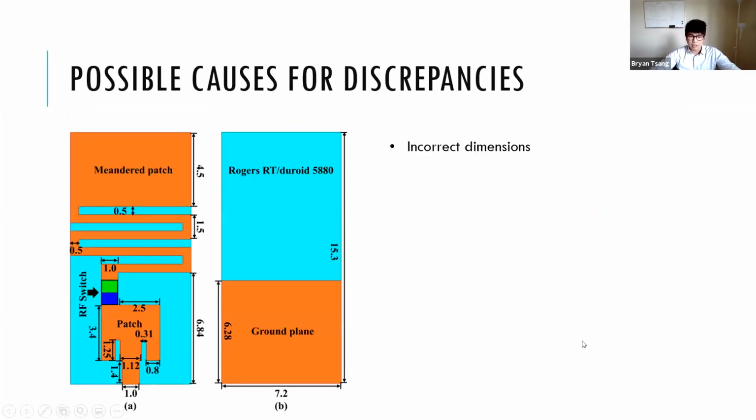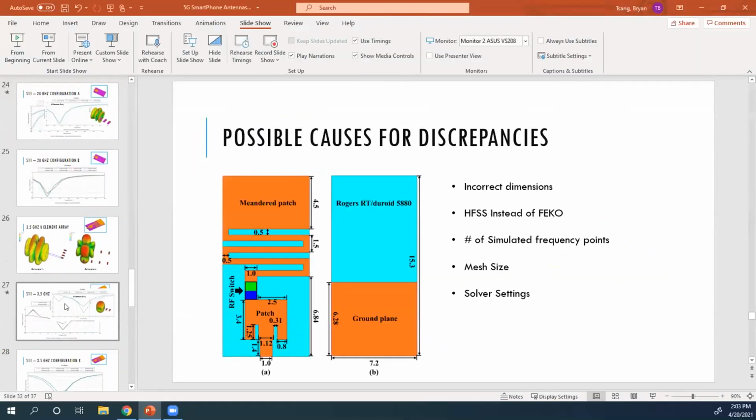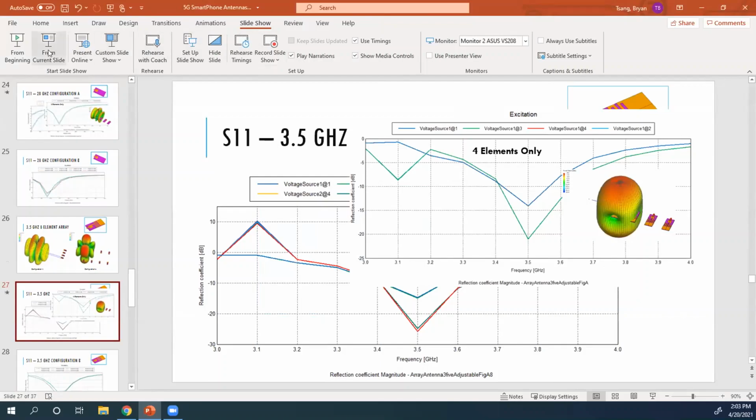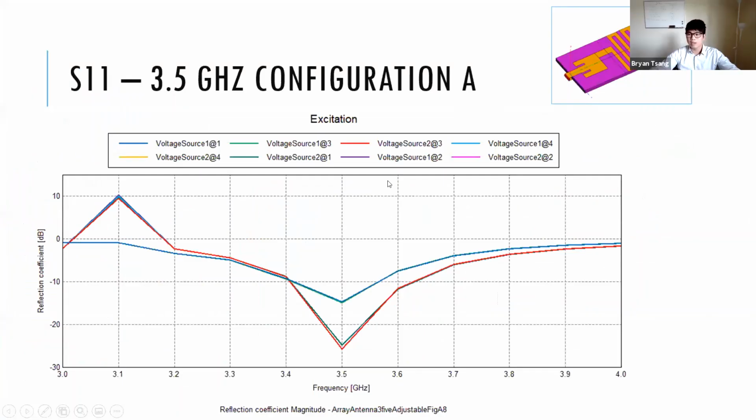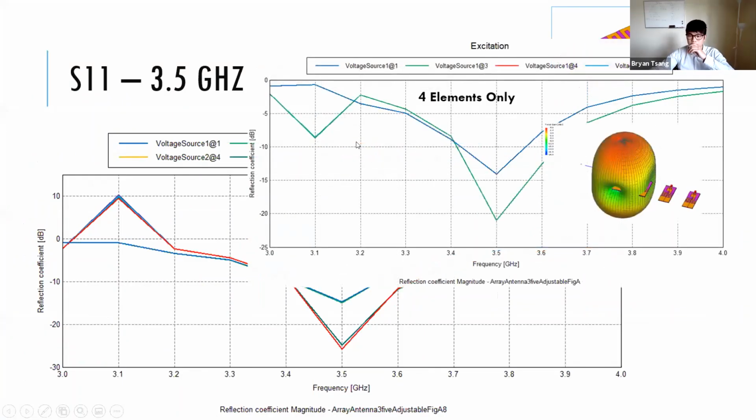You asked about your arrays and getting that higher return loss. Can you go back to that slide? Yeah, sure. That was on the one when you were simulating, what, 4 of them? It started with the 4 simulations. Okay, so there's four of these and you're stimulating all 4 of them at the same time.